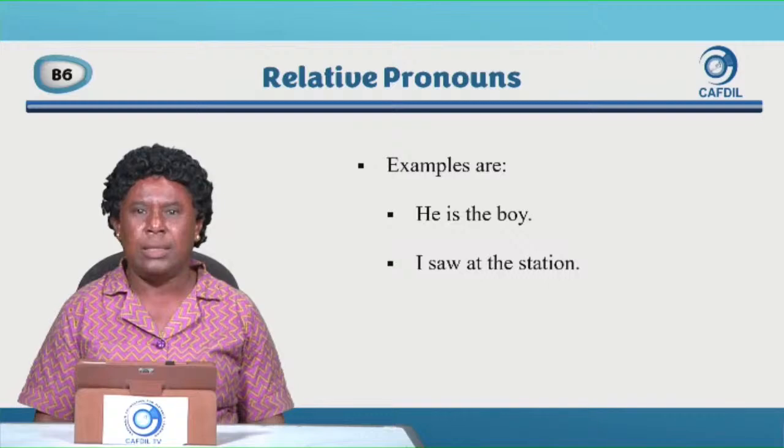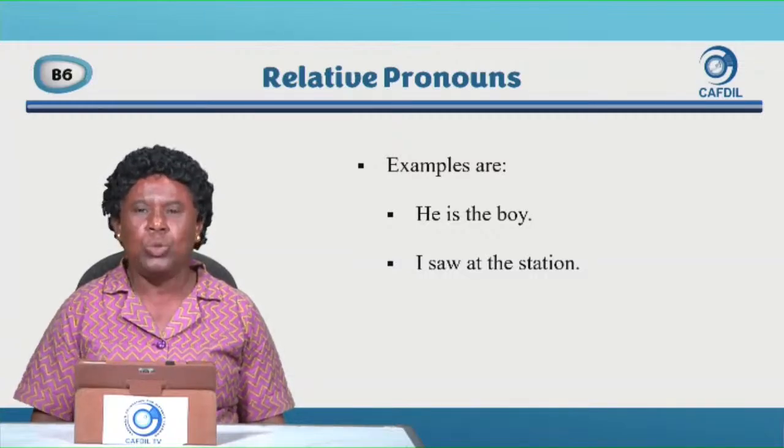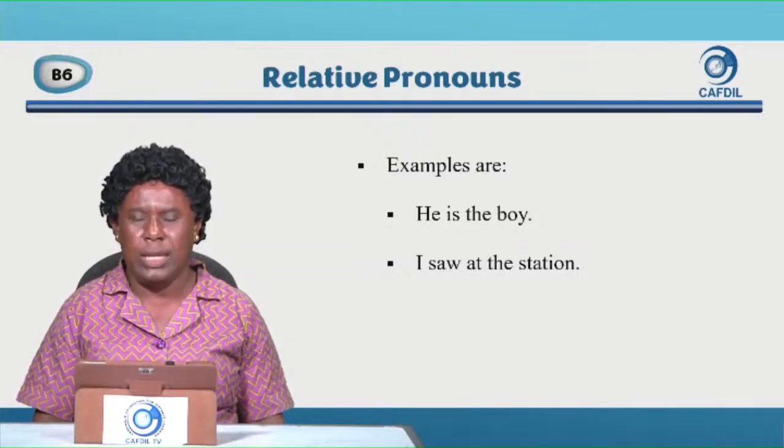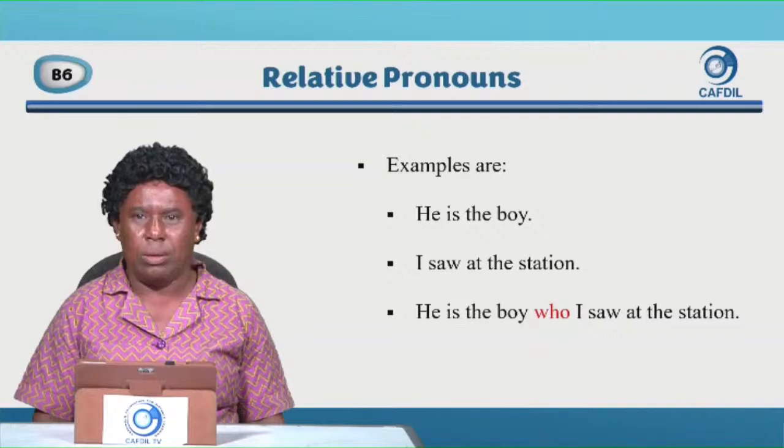Let's go to the next sentence. He is the boy. I saw at the station. Let's do the same thing. Choose the correct relative pronoun to join these two sentences. Let's do it together. He is the boy who I saw at the station.